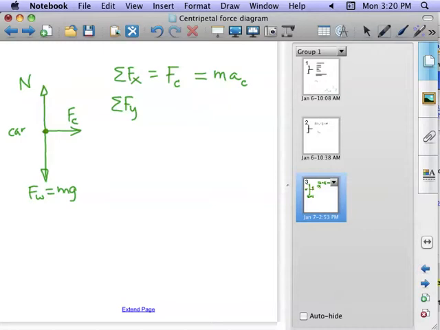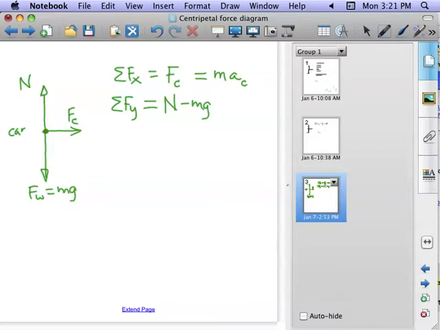Now the ones that are in the y direction are here and here. And we're going to have N pointed up in the positive y direction, and in the negative direction we're going to have mg.